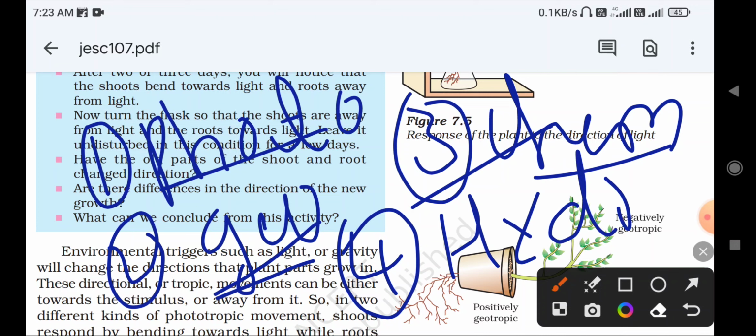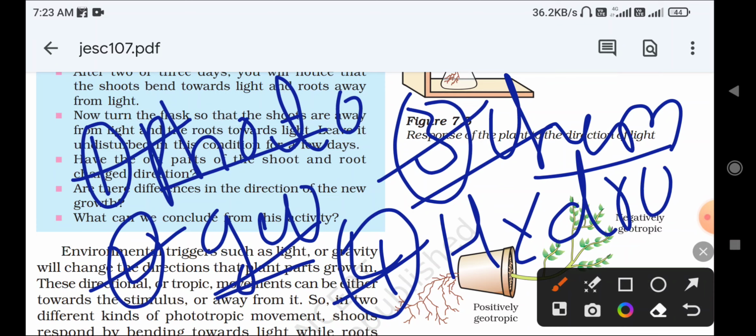These are the four tropisms in which plants show growth. So plants have four types of tropic movements: phototropic movement, geotropic movement, chemotropic movement, and hydrotropic movement.